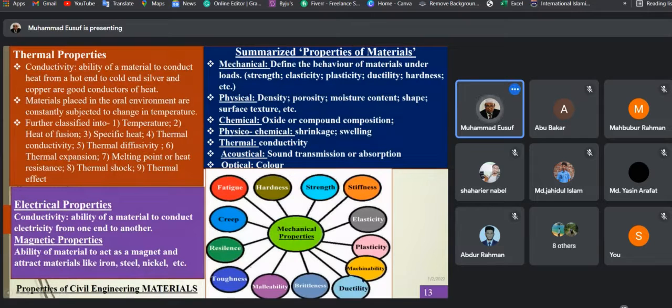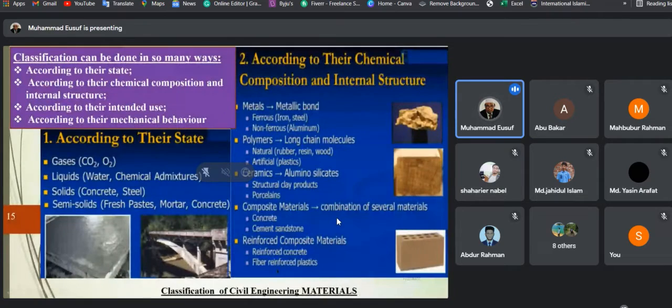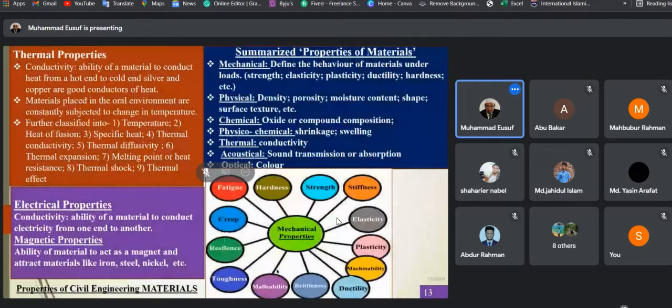Under the mechanical properties, there is strength, and on the right side, stiffness, machinability, ductility, brittleness, malleability, toughness, resilience, creep, fatigue, hardness.